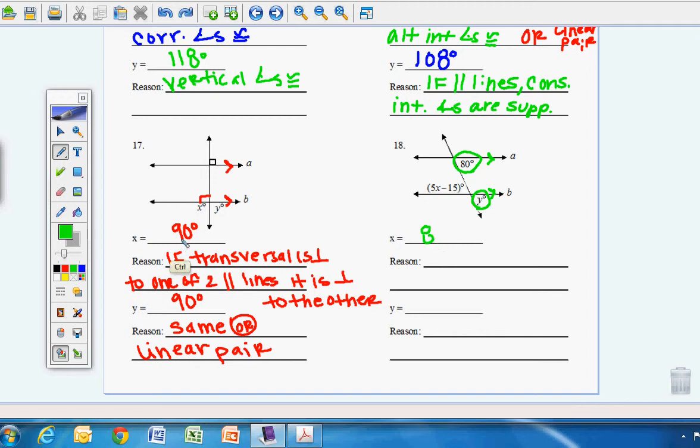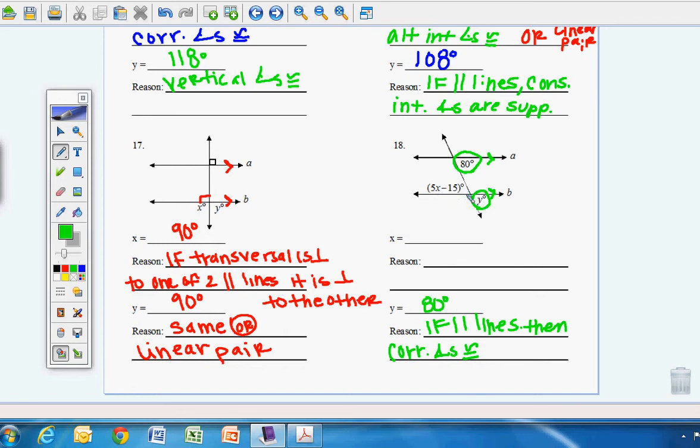Oh, let me put that on the Y. Y is 80 degrees. And if we have parallel lines, then corresponding angles are congruent.